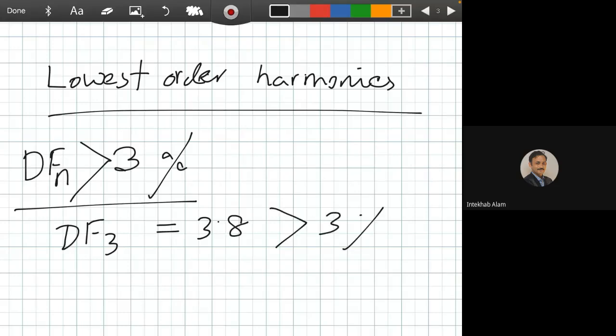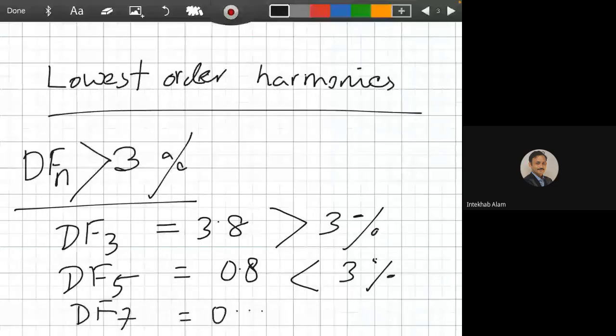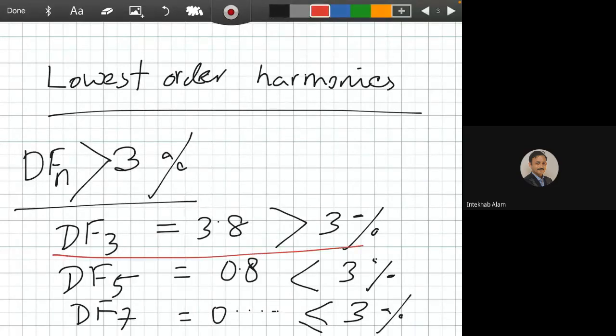The distortion factor of the fifth harmonic is 0.8%, sorry, 8%, which is less than 3%. And distortion factor of the seventh is very small, much less than 3%. So we'll consider only up to the third harmonics of this wave shape.